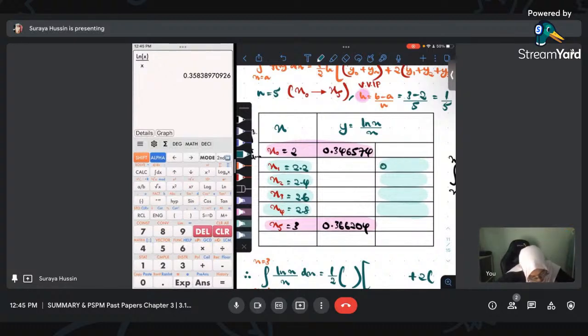Tak muat. 0.358389. Calculate 2.2 again.